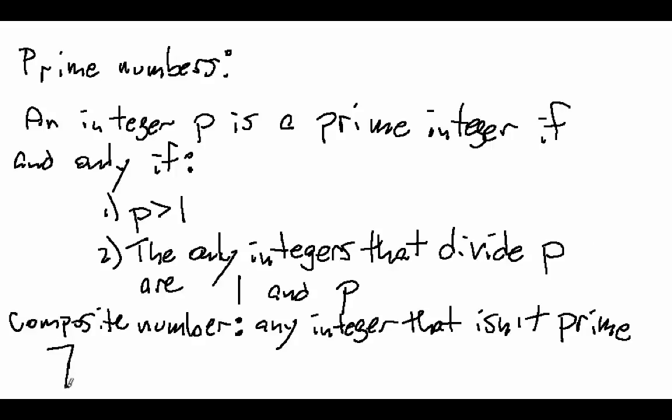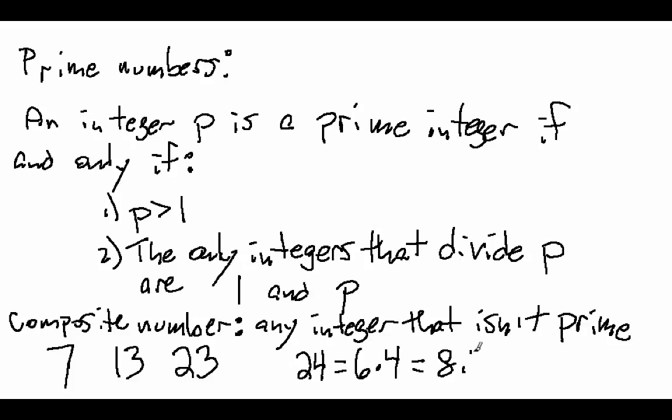The only integers that divide 7 are 7 and 1. 13 is a prime integer. 23 is a prime integer. But we know 24 is not a prime integer. 24 is equal to, for example, 6 times 4. It's also equal to 8 times 3. In fact, there are a lot of ways that I can multiply 24 out. So I hope that this distinction is very clear to you.